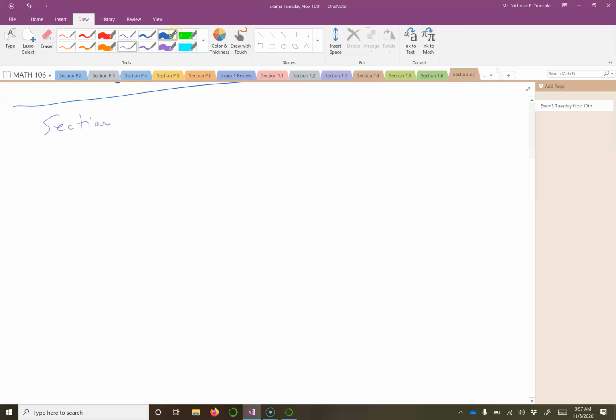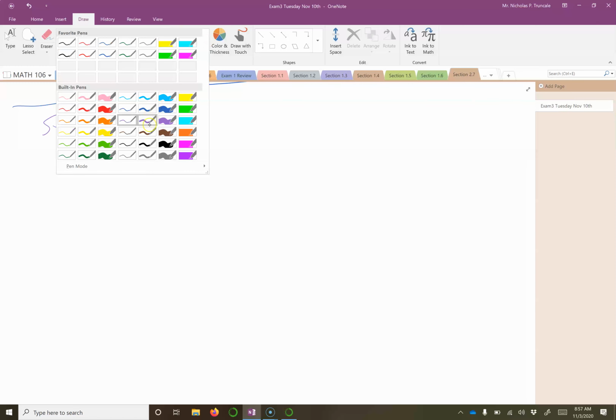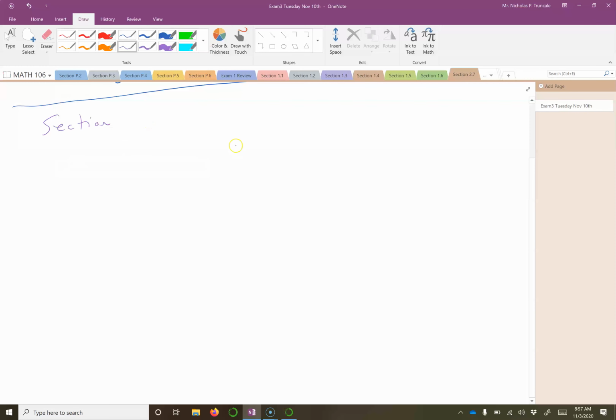So section 2.7, I should make that thicker if I can. Is there a way to make it thicker somewhere on here? You know what? We'll do with that. Fine. I just want you to be able to see it a little bit better up on the screen.